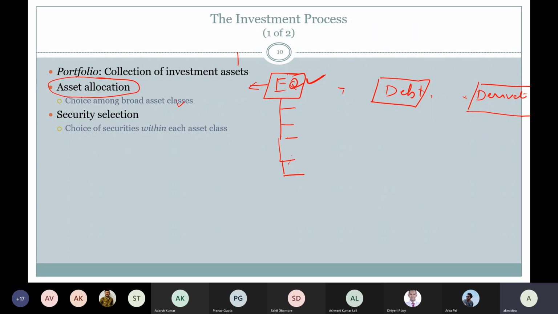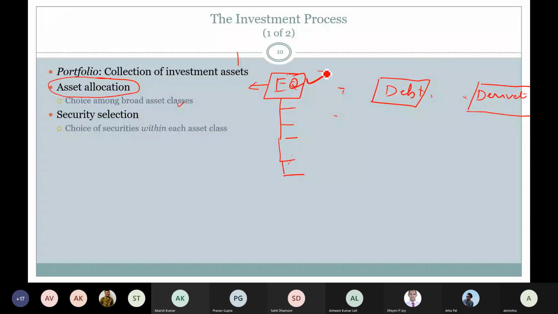Top-down means first you identify what kind of asset you want for investment, and then you decide what security you want to pick from that category. So we call this the top-down approach of portfolio selection.